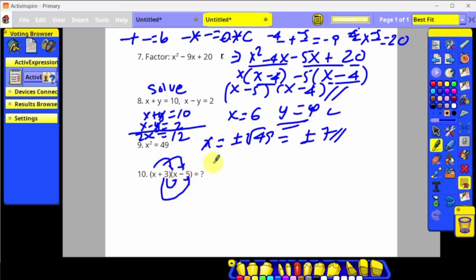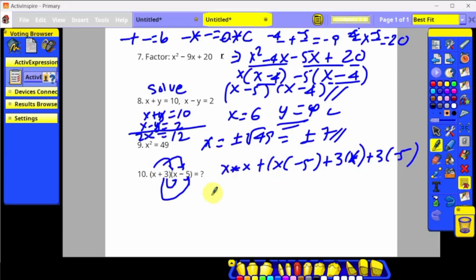So x times x, plus x times minus 5, plus 3 times x, plus 3 times minus 5. That's how you solve it.